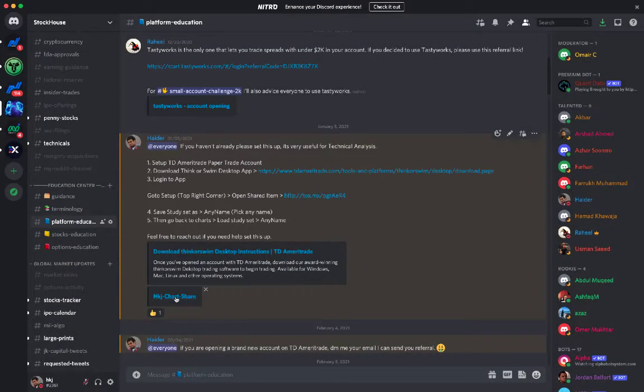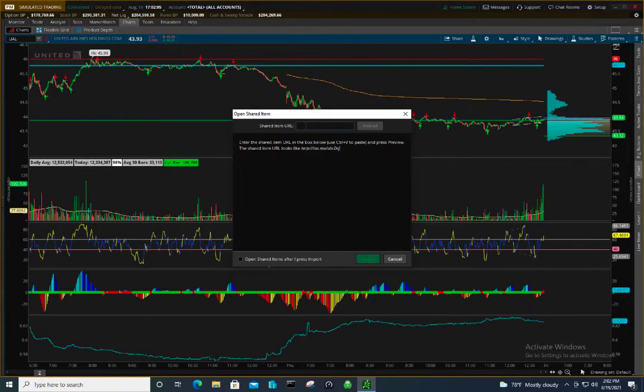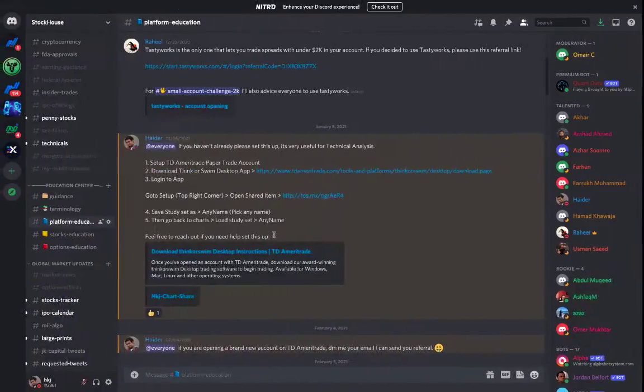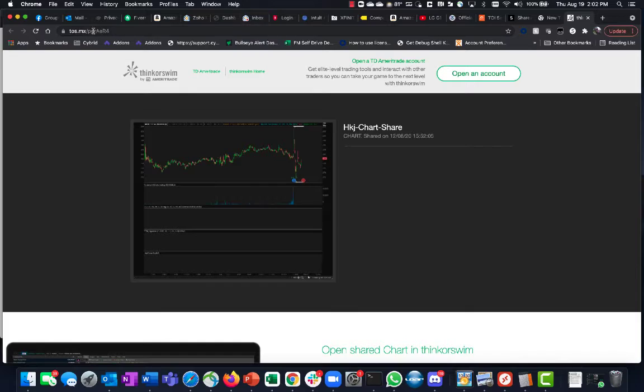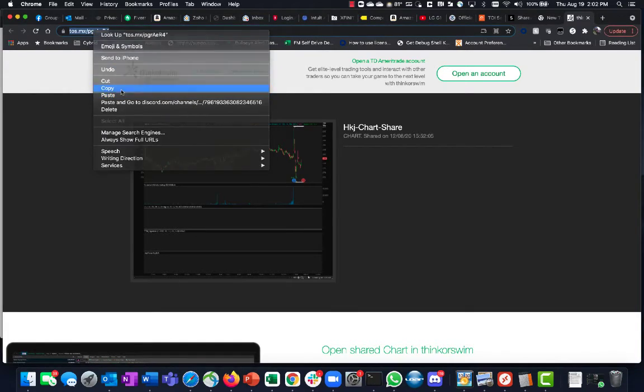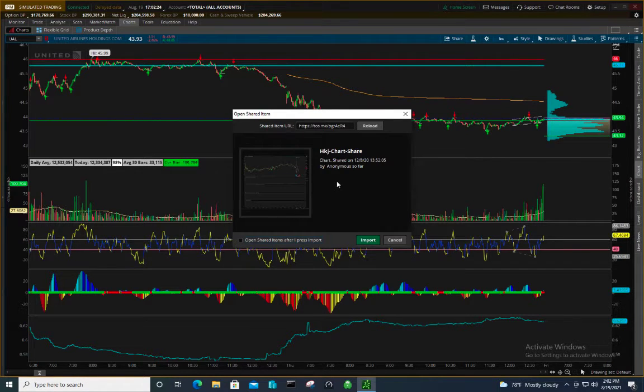Okay, yeah, this link. So I copy message link, then I paste it here, reload. Oh, that's doing the same thing again. So let me just open it up, and I copy this link simply, and then I put it here, and now it shows me all the graph.